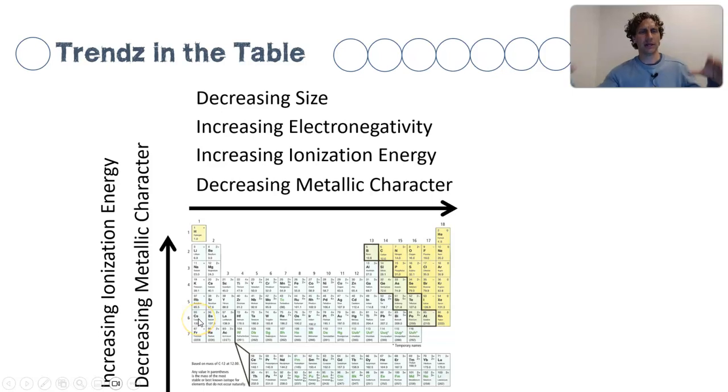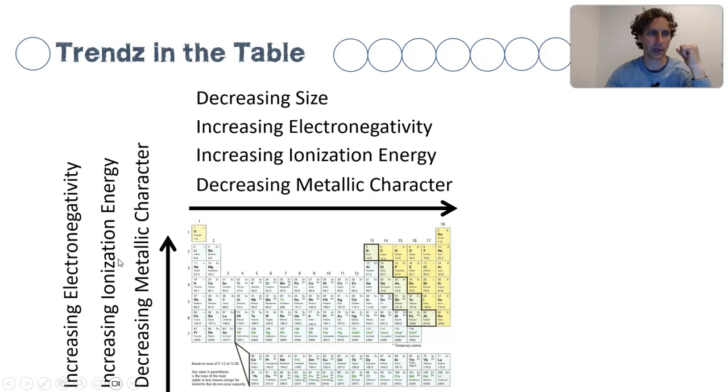Why? Well, that outer electron from cesium is so far from the nucleus compared to lithium that it's easier to just pull it off. So if you move up to lithium, it's going to take more ionization energy. What else? Increasing electronegativity and decreasing size.